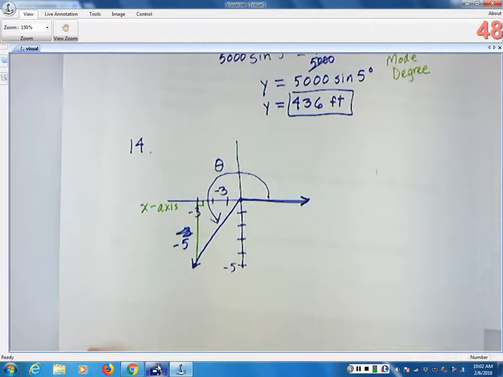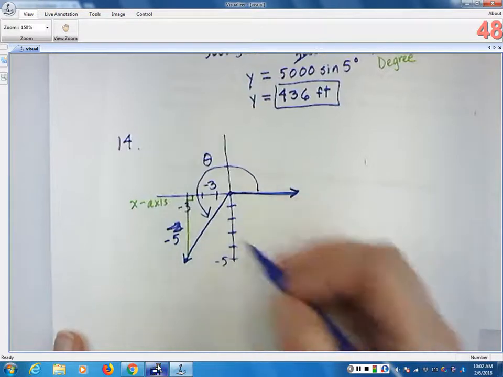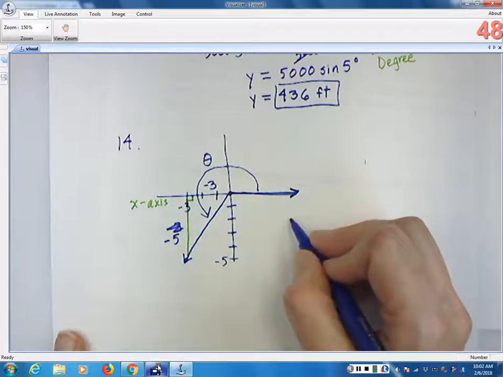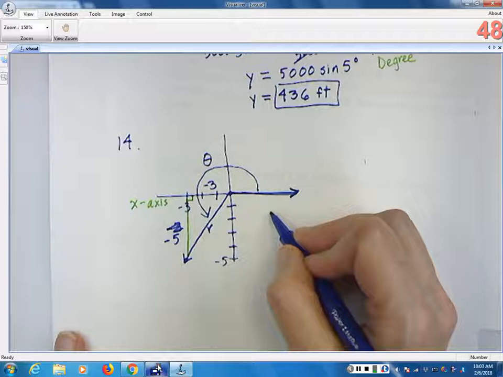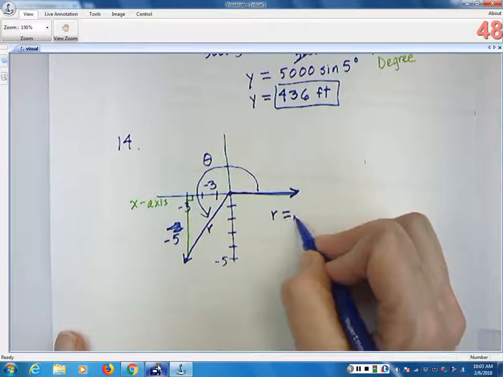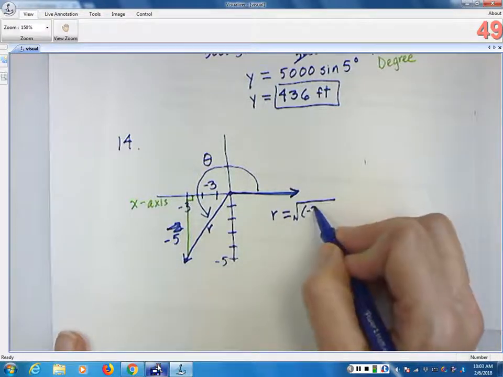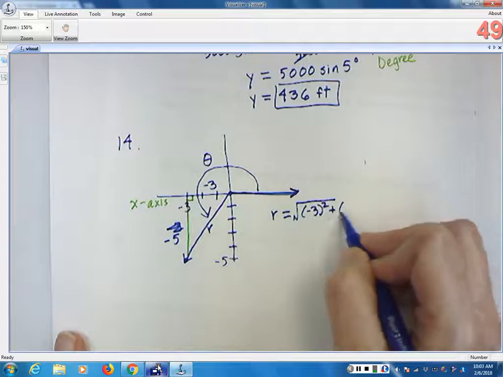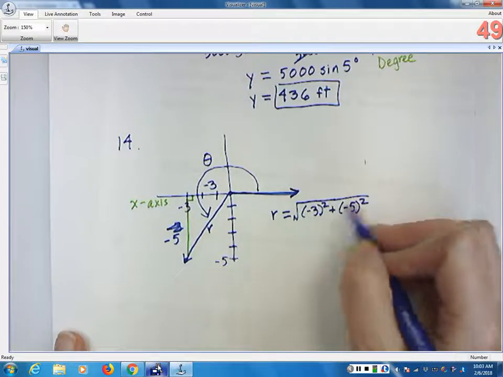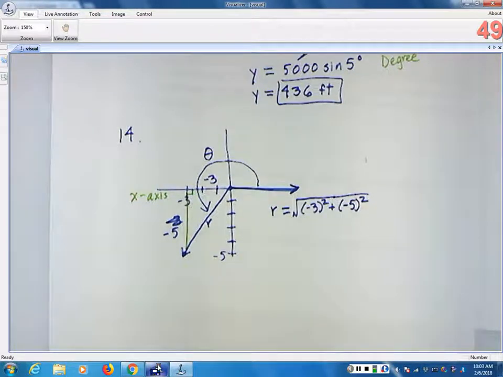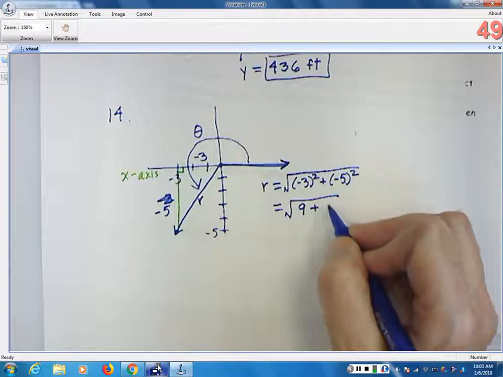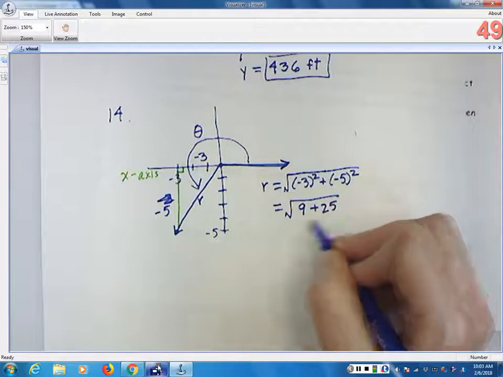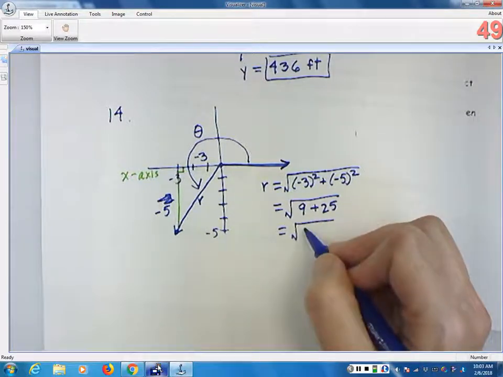And the hypotenuse you have to find by taking, we'll say this is R. R is the square root of -3 squared plus -5 squared. Or you could write out a squared plus b squared equals c squared, and then end up taking the square root later. Square root of 9 plus 25, square root of 34.